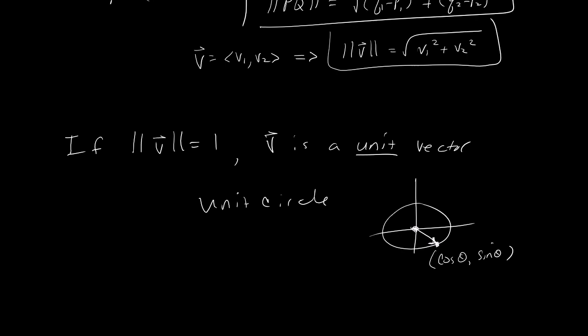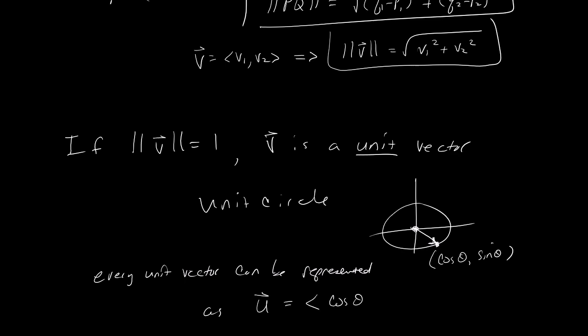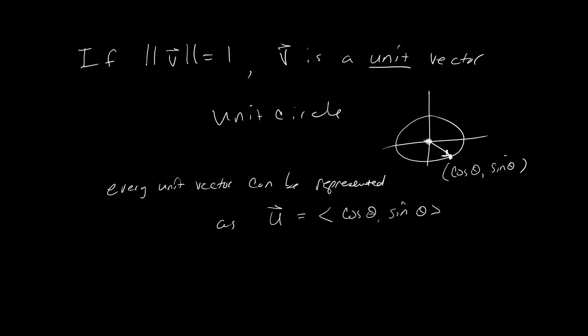So every unit vector can be represented as, let's call it u for unit vector, u equal to cosine of theta, sine of theta. Those are the components, right? The x component and the y component. So that's a unit vector.